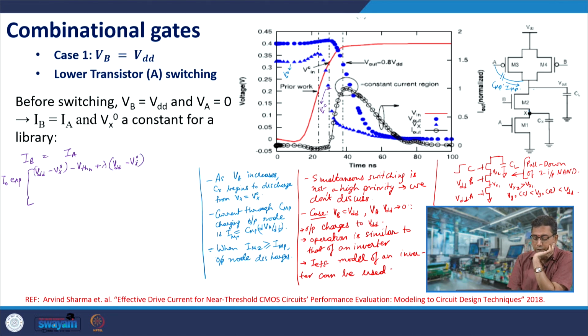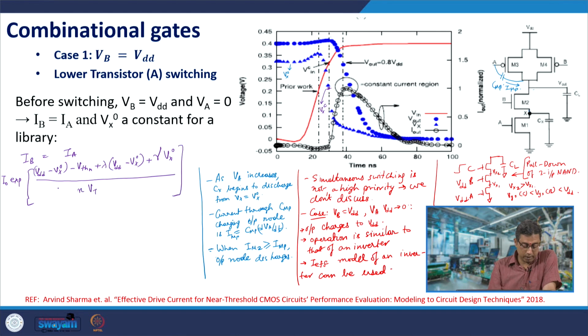So, this is VDS of M2, plus body factor gamma into Vx naught, which is the source to body voltage of M2, divided by N VT, the thermal voltage.